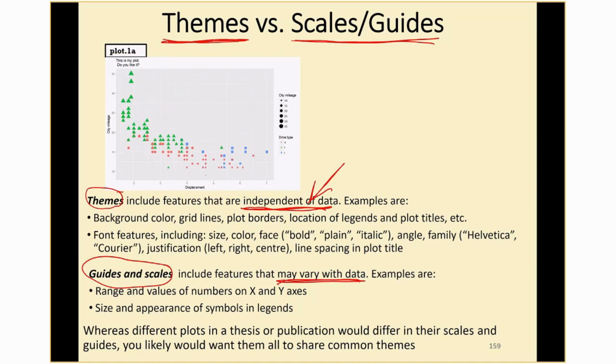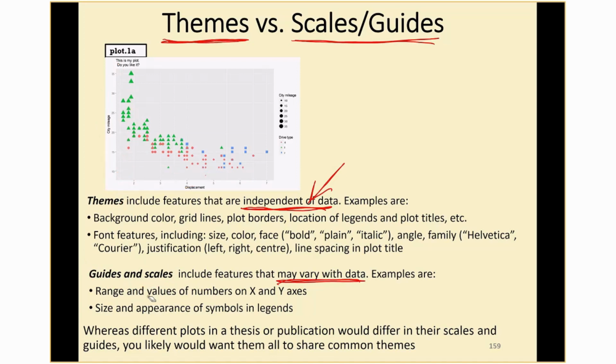On the other hand, there are other features of this plot that are dependent on the data. So if I look at the x-axis, for example, I see the numbers go from 2 to 7. Or if I look at the y-axis, for example, I see the numbers go from 10 to 35. Well, obviously, those values are going to vary from one plot to another because the plots are data dependent.